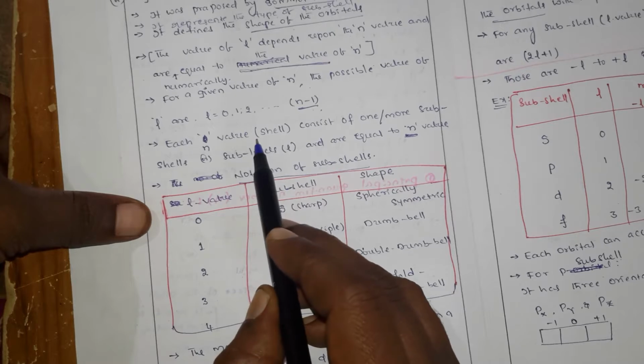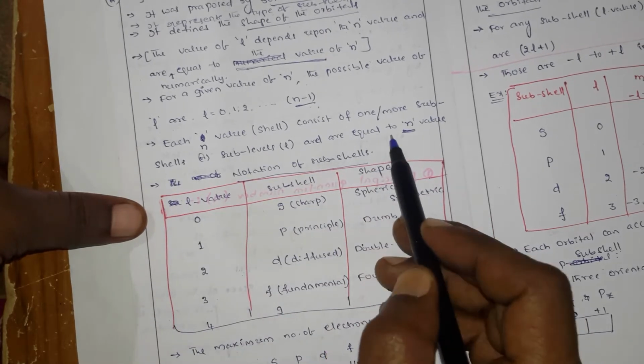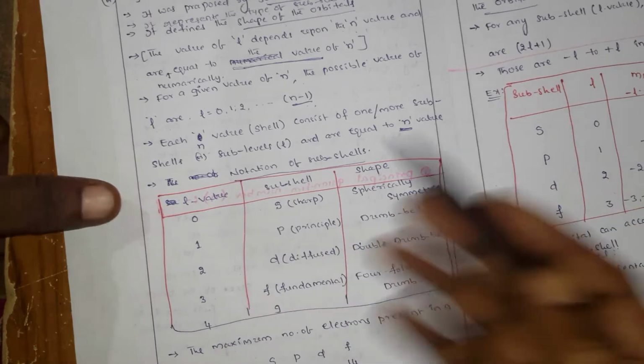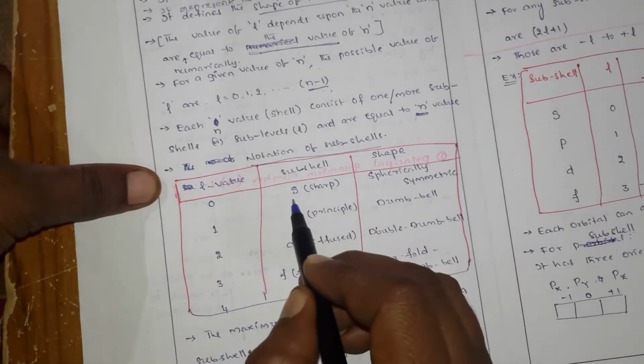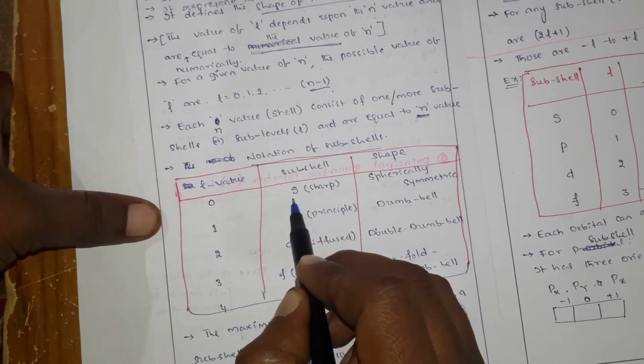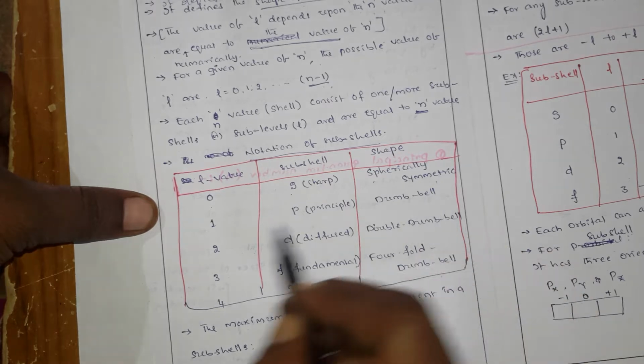Each n value consists of one or more subshells, equal in number to the n value. That we already discussed. If the L value is 0, what is the subshell? It is the s orbital. What is the shape of the s orbital? Spherically symmetrical.